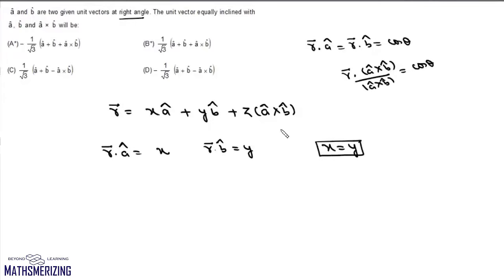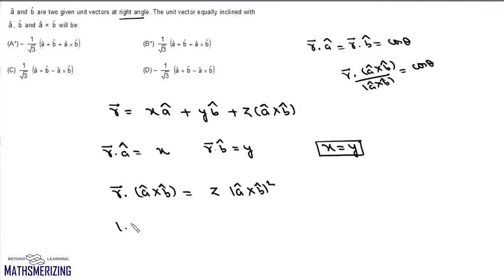Now we take the dot product with A cross B, we can write R dot A cross B. A dot A cross B and B dot A cross B will be 0. So it will be simply Z into mod of A cross B square. Now mod of A cross B is mod A mod B sin theta, and the angle between A and B is 90.